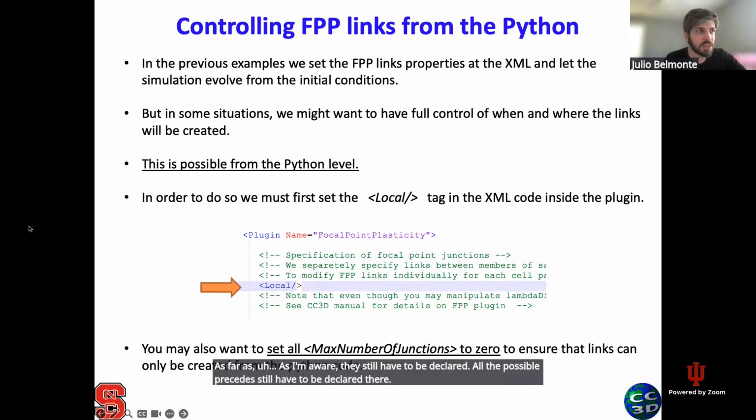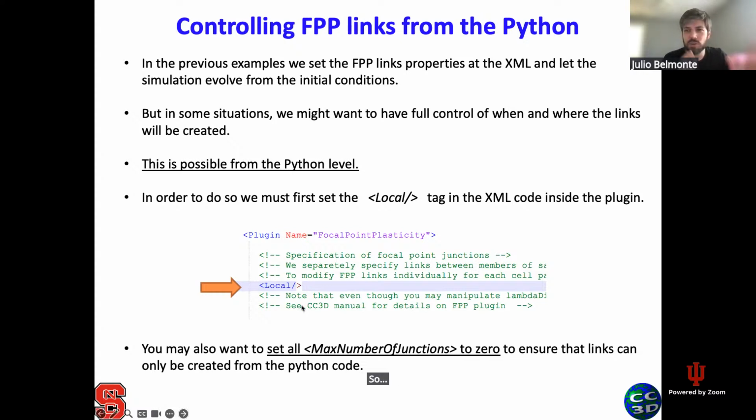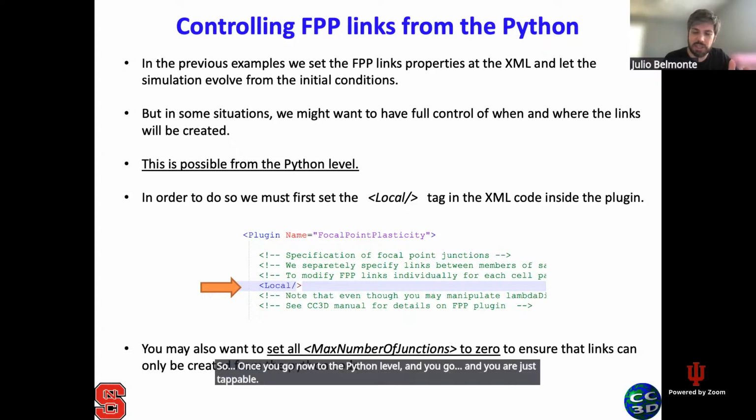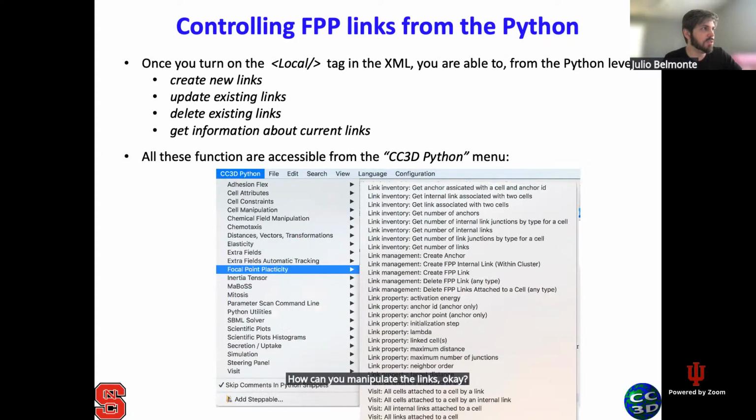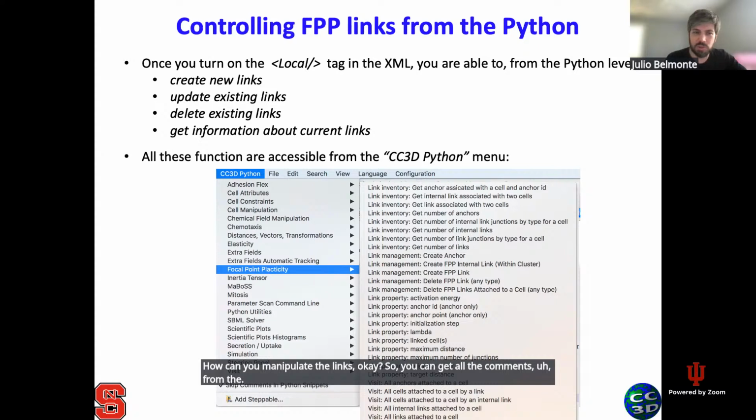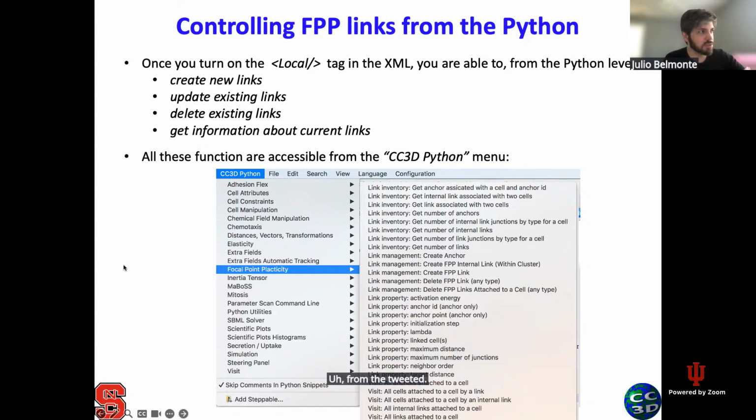Okay. So once you go now to the Python level and you are just in a Steppable, how can you manipulate the links? Okay. So you can get all the commands from the Twedit. You just go to CompuCell3D Python, go to Focal Point Plasticity, okay?